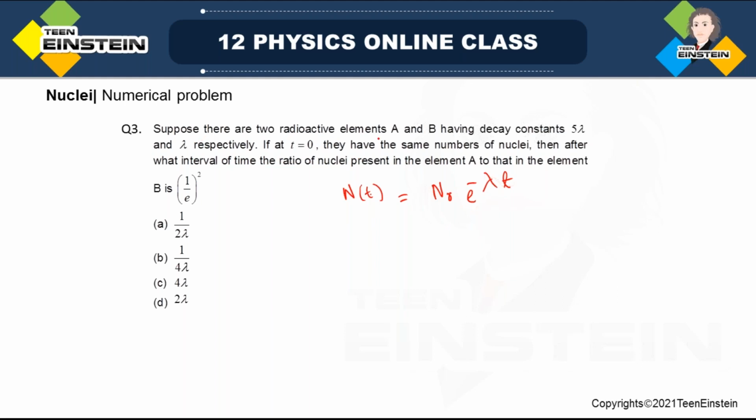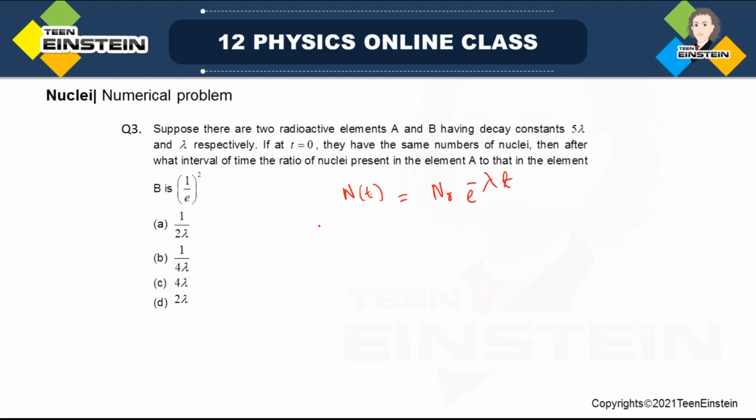Suppose there are two radioactive elements A and B having different decay constants, or disintegration constants.